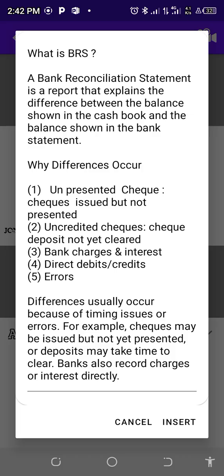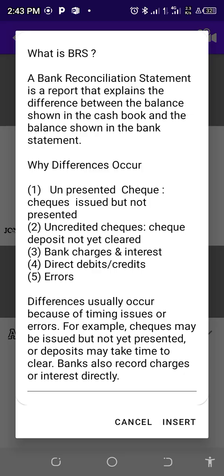Two is the presence of uncredited cheques. Uncredited cheques are cheques deposited but not yet cleared. The next one is bank charges. Bank gives charges for some services like SMS alert charge, charges on loan, so many charges the bank charges the customer without informing them or without giving them alerts.